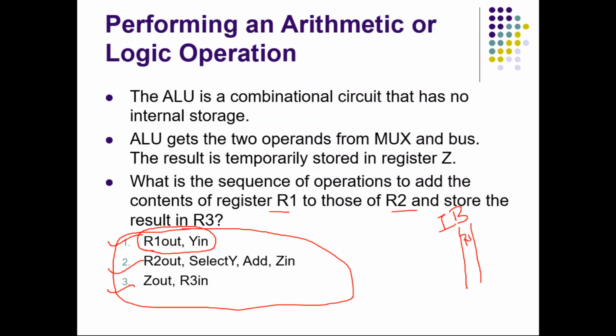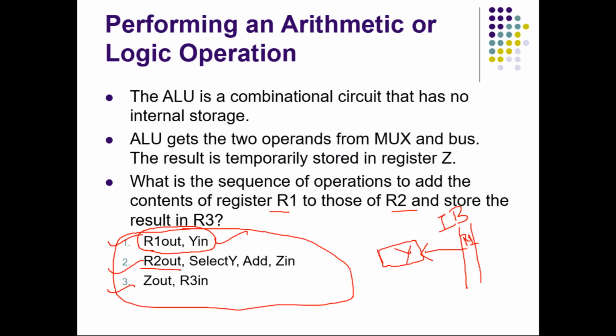So that will be moved to Y. So this first instruction actually does these two things in the first clock cycle. First it moves the content of R1 to the internal bus, and then the content of R1 will be moved to Y.